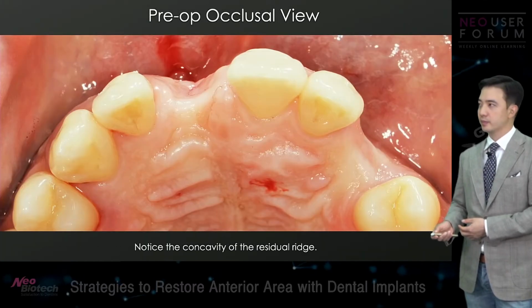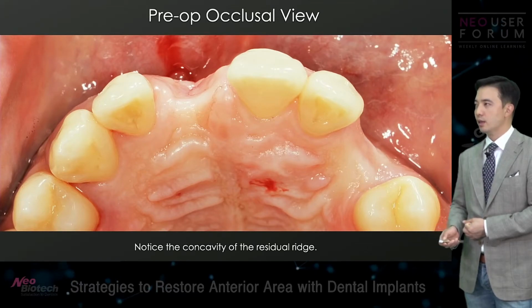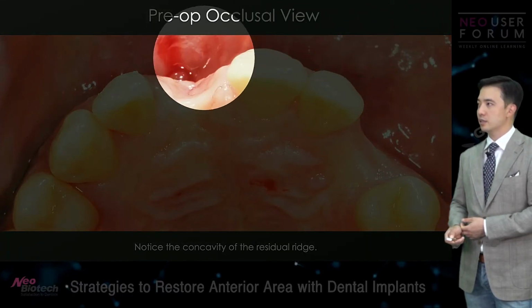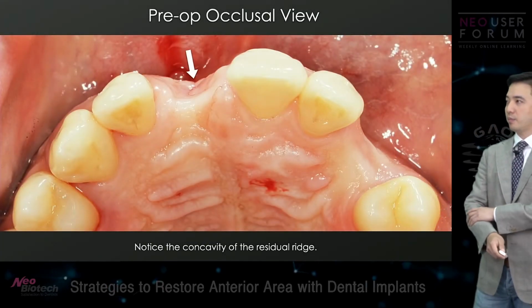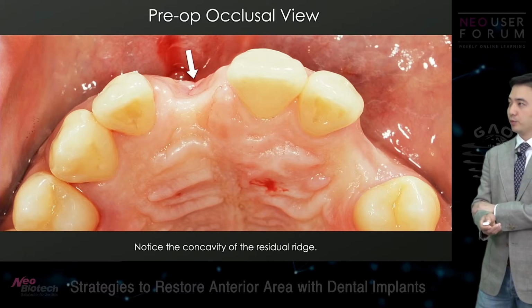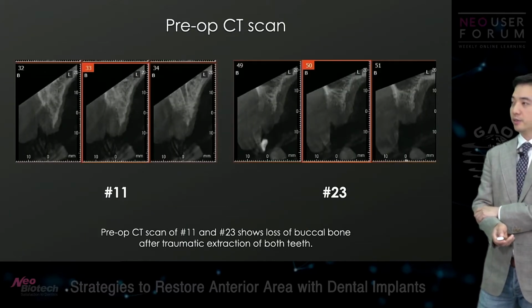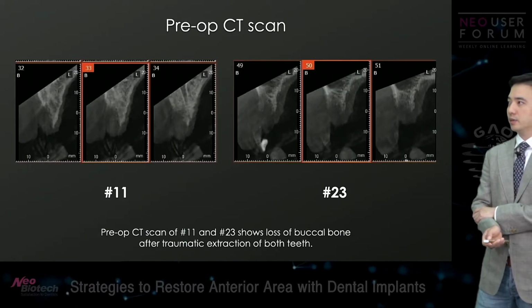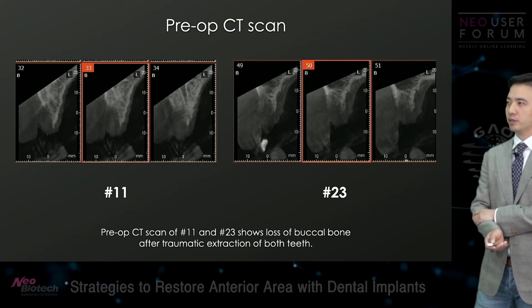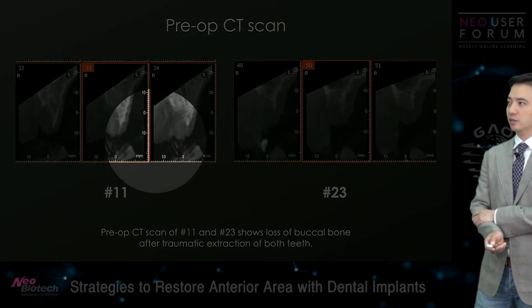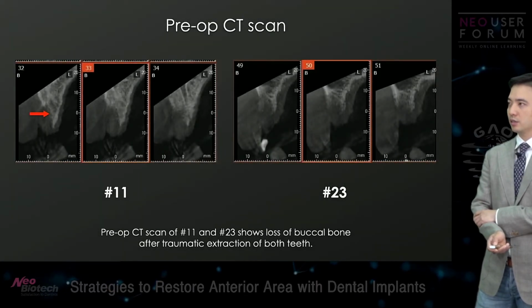And then, as you can see, there's marked bone resorption on the buccal aspect of number 11 and 23. If you look at the CT scan, I think the maxillary buccal bone was fractured with the accident, and there's just no bone.